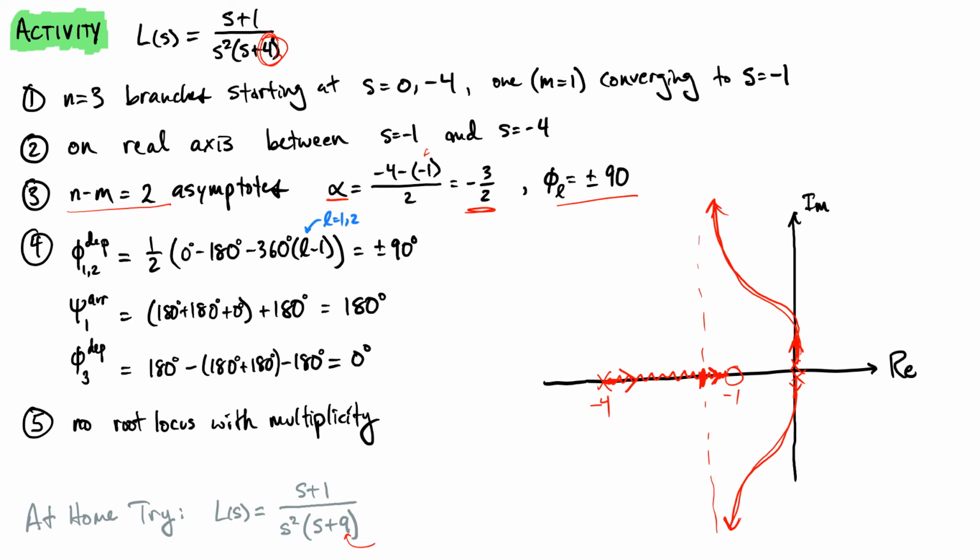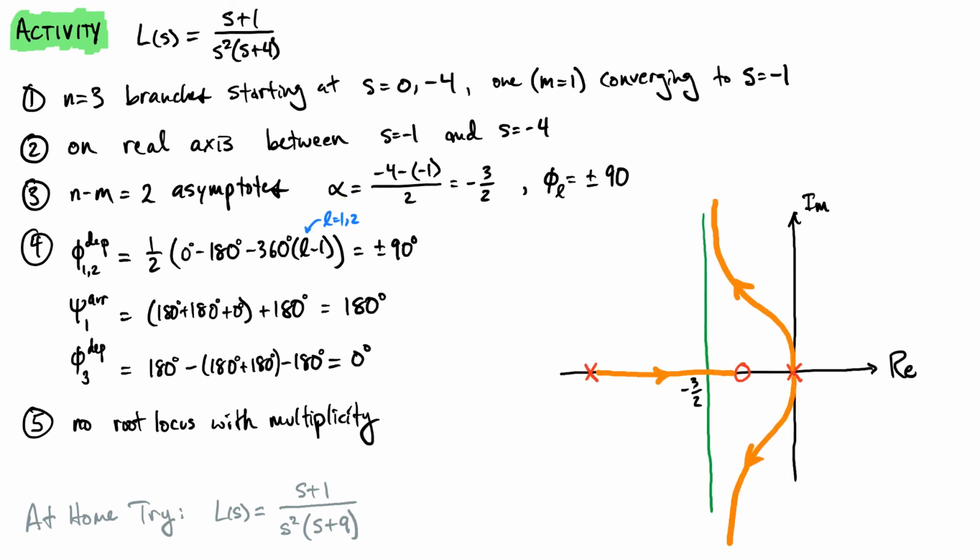What we saw before is that those are going first to the real axis and then out at asymptotes. And so this is this kind of critical case where any pole value less than 9 gives you something that looks like this. Anything greater than 9 gives you something that looks like what we saw before. And again, this is just my solution showing you what this root locus looks like.